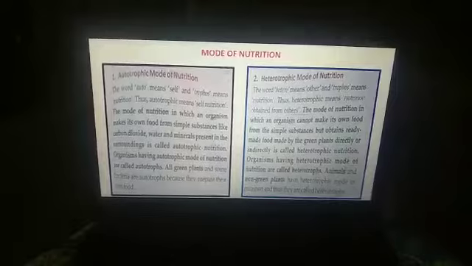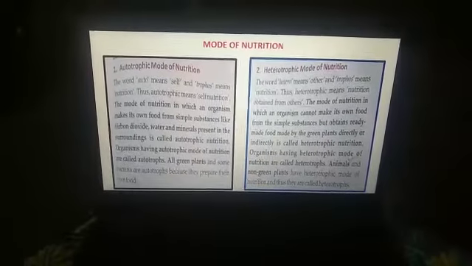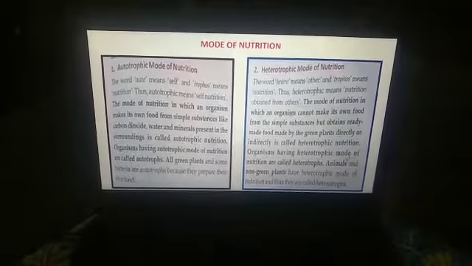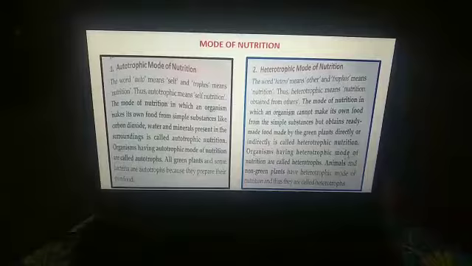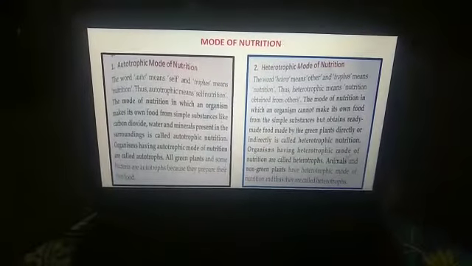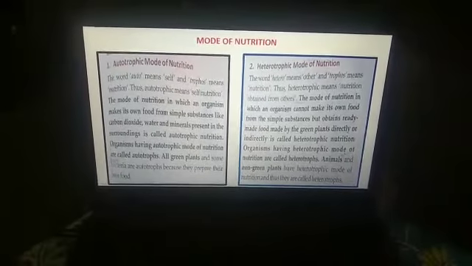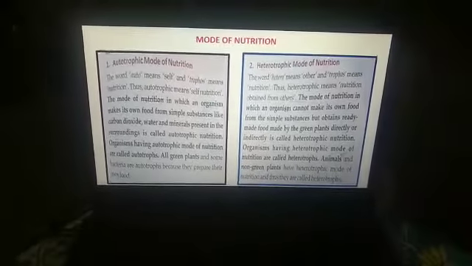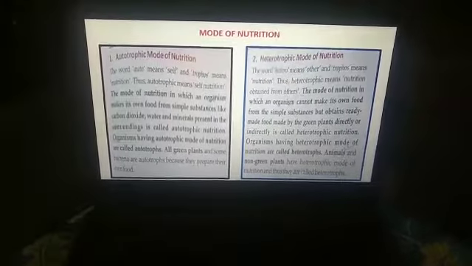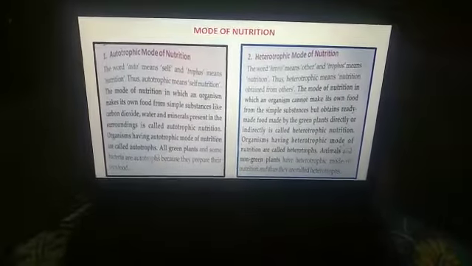Now, we will talk about the heterotrophic mode of nutrition. From the name itself, we get heteros means other and trophos means nutrition. Thus, heterotrophic means nutrition which is obtained from others. So, first of all, we get to know what heterotrophs are. Those organisms which cannot prepare their own food by using photosynthesis, and they depend directly or indirectly on the food that is prepared by the autotrophs.